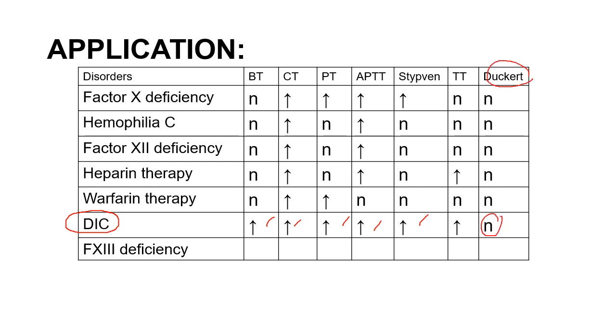Kasi si Duchert's pang clotting factor 13. Bakit hindi nauubos si clotting factor 13? Dahil sa DIC, hindi na-form yung ating fibrin clot. Okay, agad nadudurog yan. So, walang chance na magamit mo si 13 to stabilize that clot.